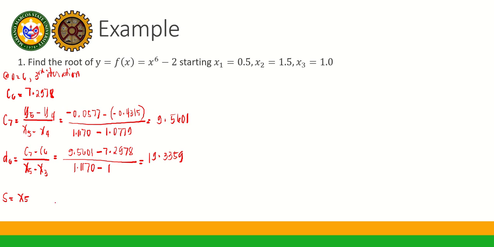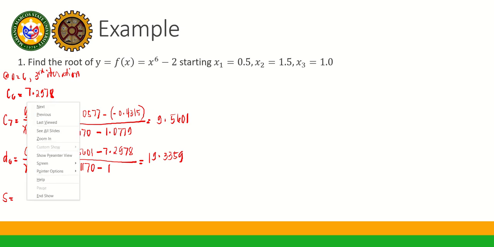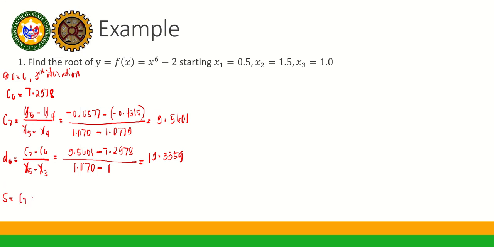Now we are going to compute for our S. Sorry, S is equal to C sub 7 plus D sub 6 times X sub 5 minus X sub 4.